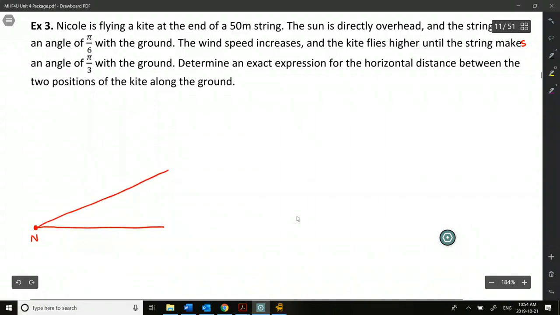So from there to the kite, that's a 50-meter kite string. And it tells us that this string makes an angle of pi over 6 with the ground. Pi over 6, I want you to think 30 degrees, so I tried to approximate this at 30 degrees here. And then I'm going to connect this because we're going to be working with triangles, so this is the kite's actual height above the ground, making a right angle triangle. Here's our kite up here.